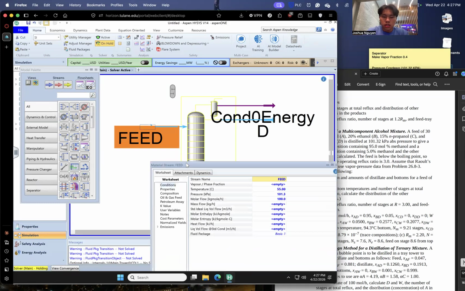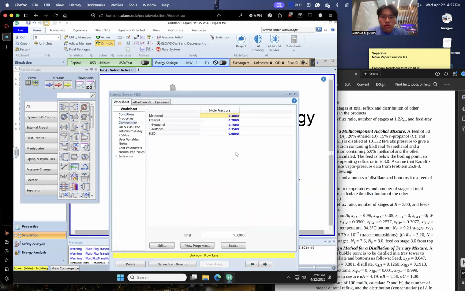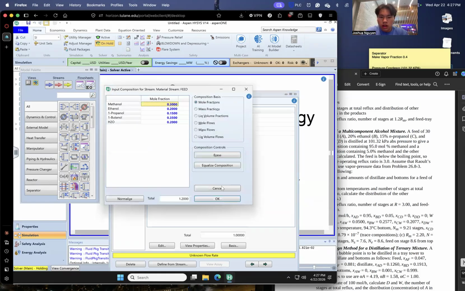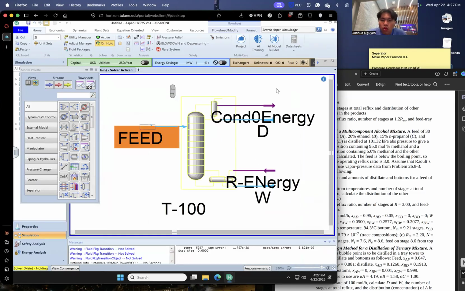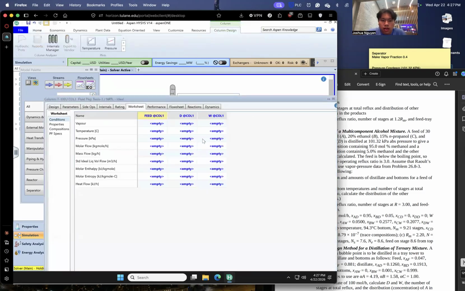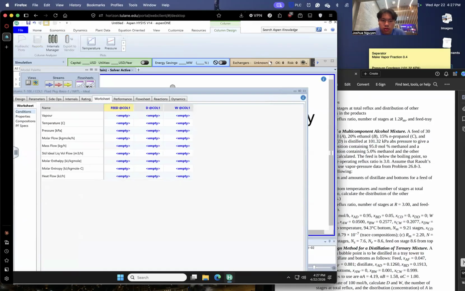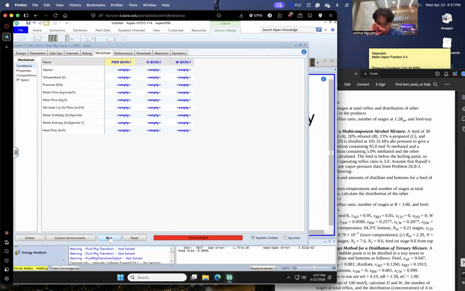Go back to the feed. Add a component of water here. That should be normalized. Yeah, okay. And we're basically going to have to resolve here.